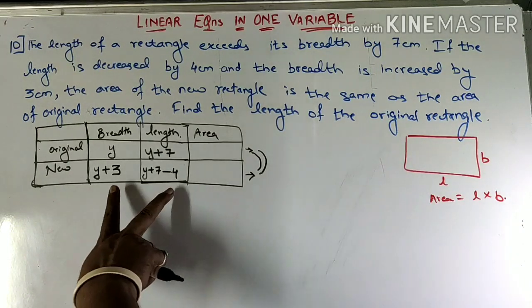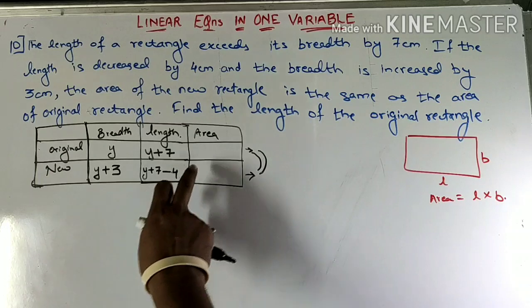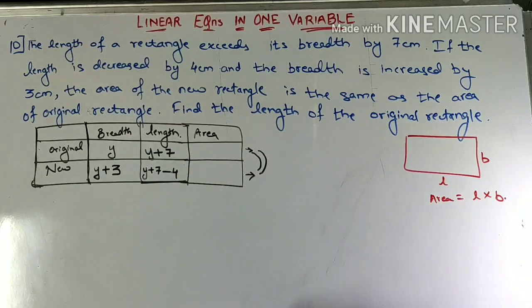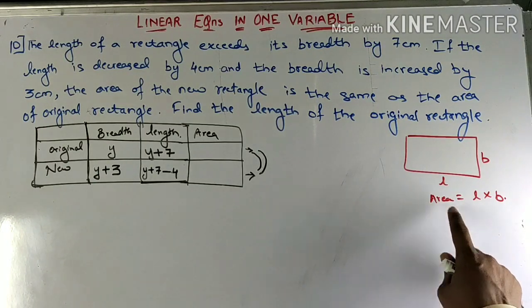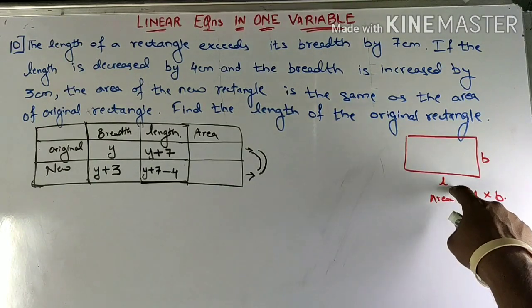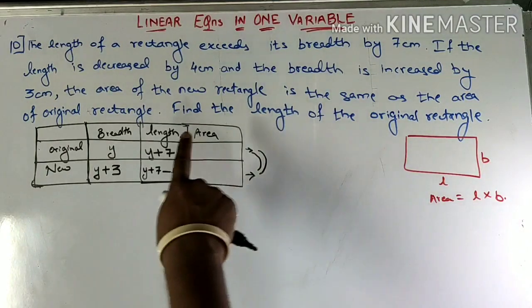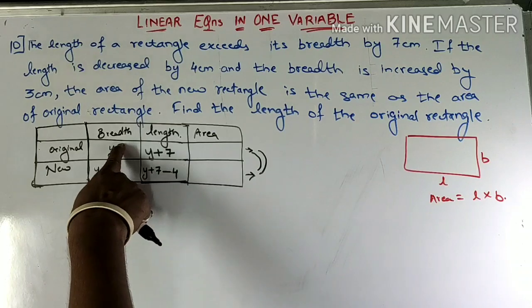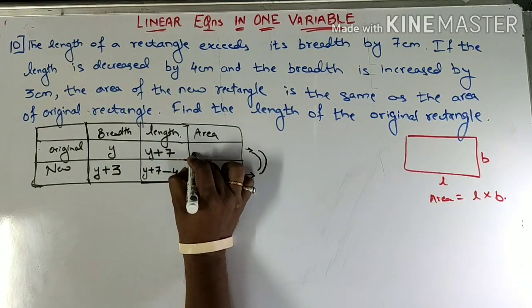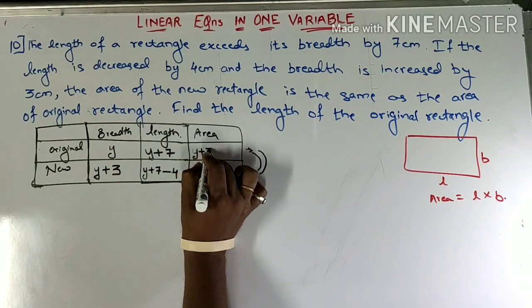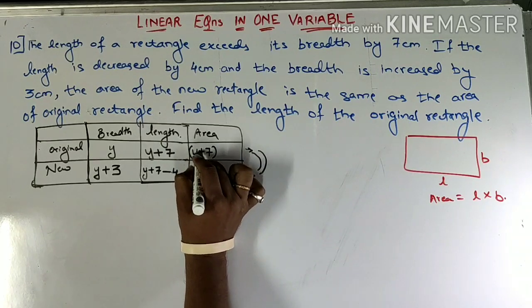So if we make the following changes, the area of both the original and the new rectangle remains the same. For that we need to know the formula for the area of a rectangle. If this is the length, this is the breadth, the area of the rectangle is length into breadth. So area will be y plus 7 into y.